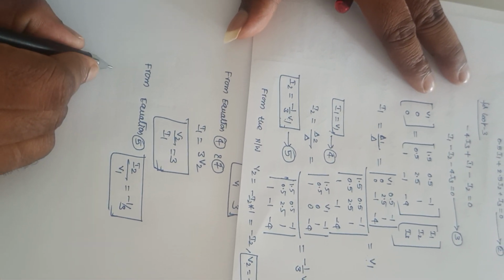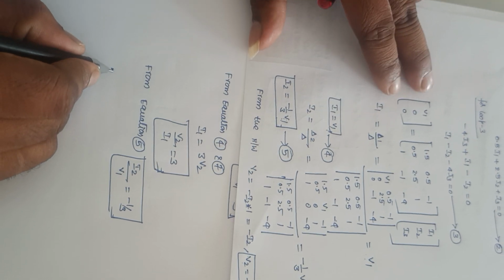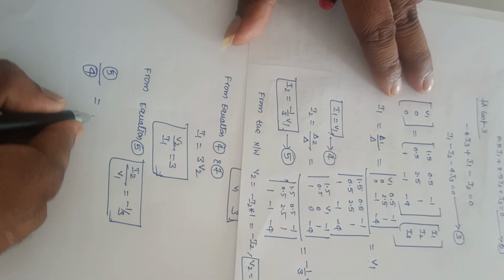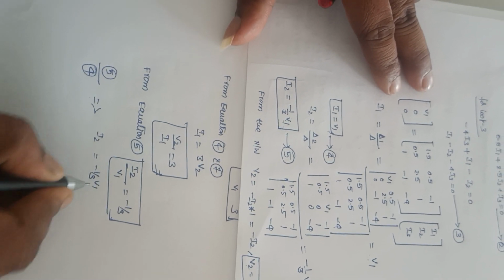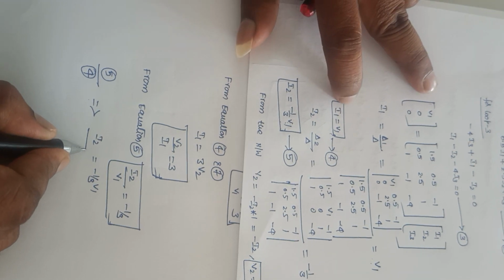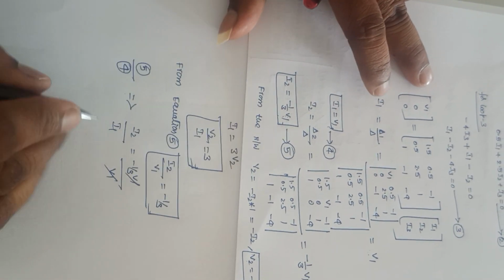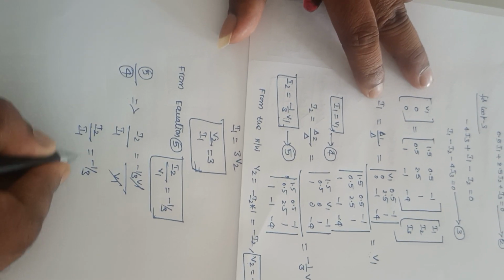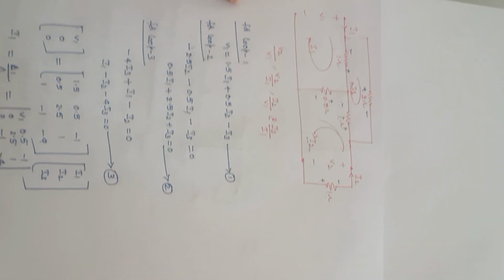Now, to calculate I2 by I1, divide equation 5 by equation 4: I2 is equal to minus 1 by 3 into V1, divided by I1 is equal to V1. This V1 and this V1 will get cancelled. So I2 by I1 is equal to minus 1 by 3. So whenever this type of non-laddered network is present, this is the procedure for solving the problems.